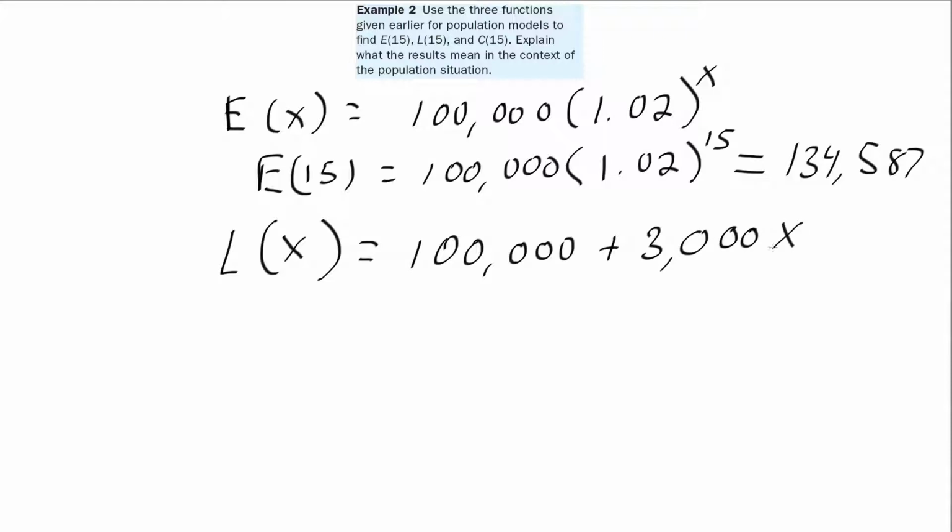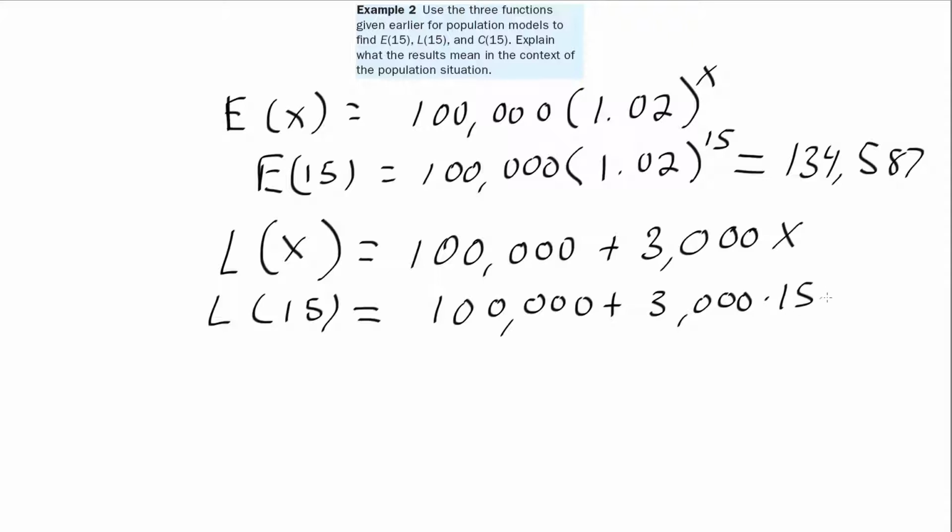We rewrite this using L of 15, and L of 15 gives us 100,000 plus 3,000 times 15, and that equals 145,000 people.